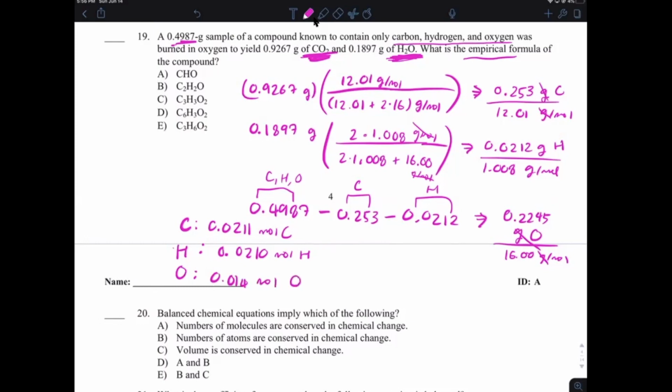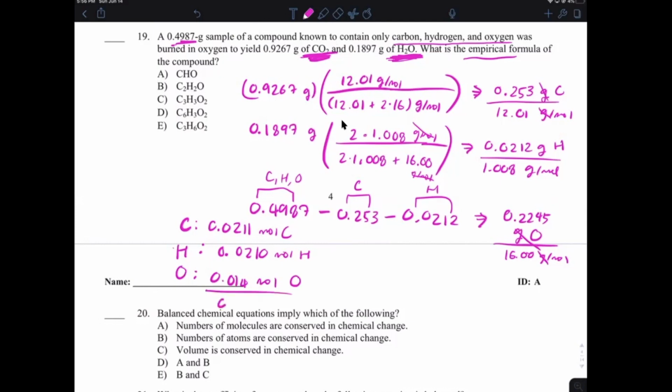Okay, so what number should we divide all three of these by to get the empirical formula? Yeah, right, so 0.014.